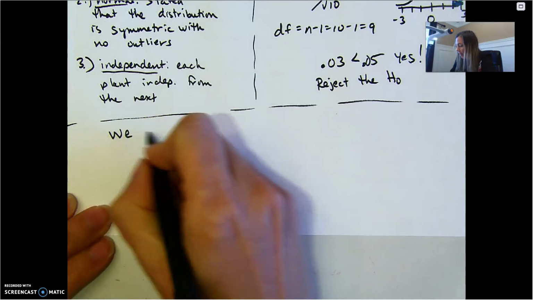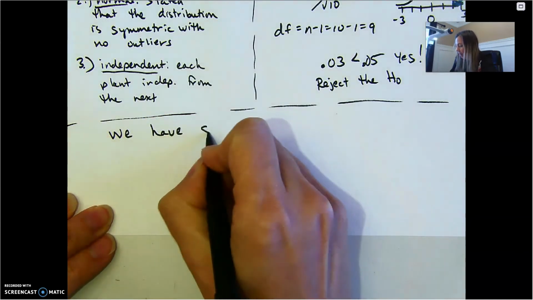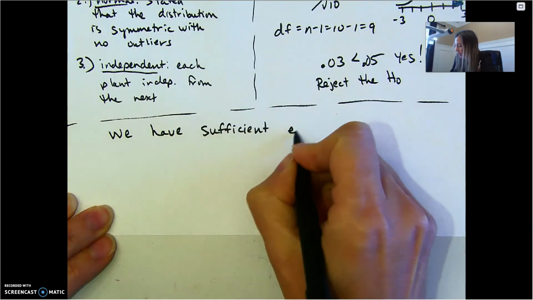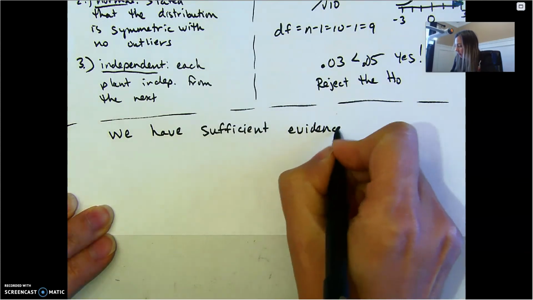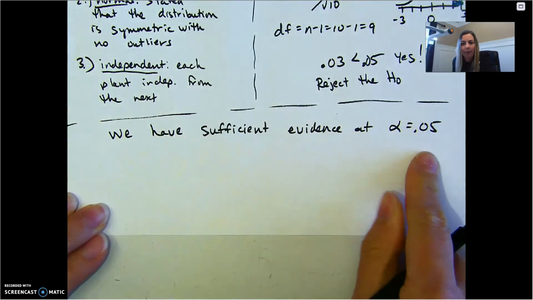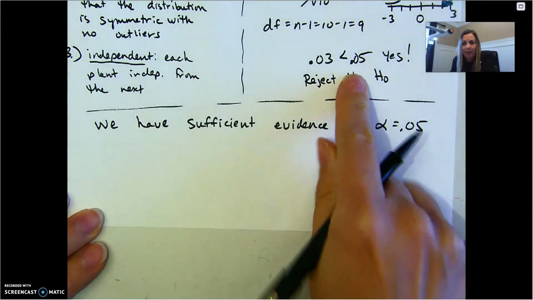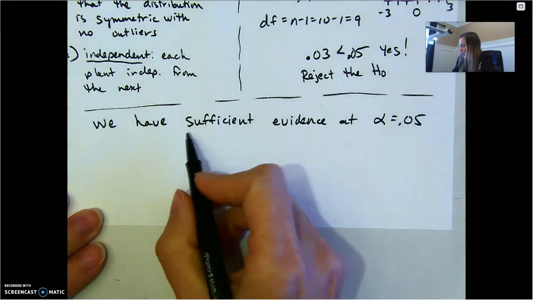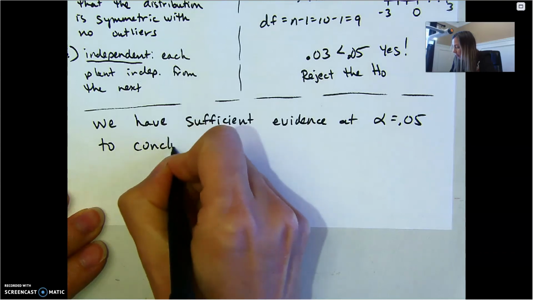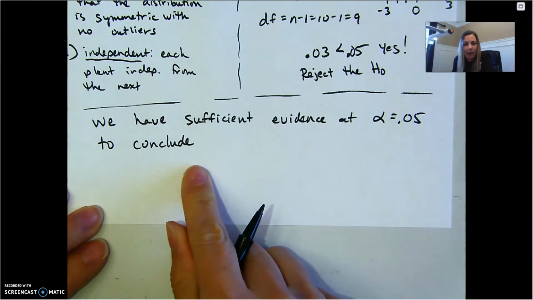All right, conclusion time. We have the evidence. So we would say we have sufficient evidence at alpha equals 0.05, right? You want to let the reader know what level of significance you used. And here's where you don't have to get creative, steal the language.